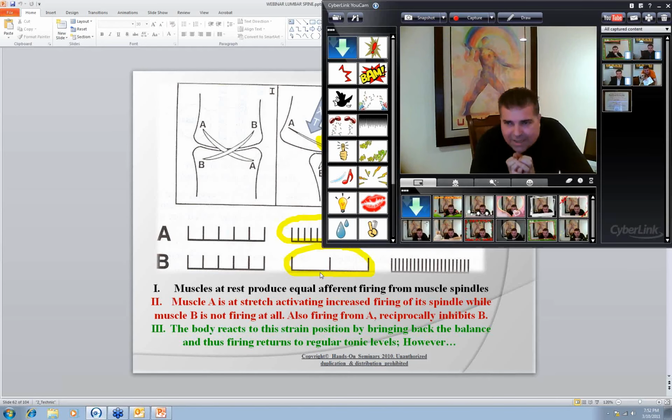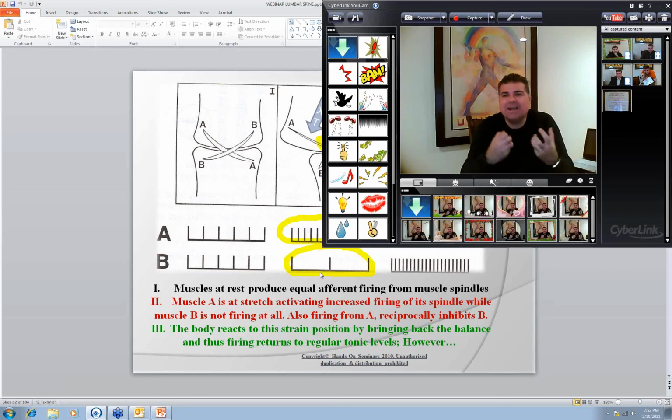When I have this relaxation of the flexor muscles, their threshold of sensitivity decreases. Those muscle spindles become much more sensitive then. If their threshold of excitation becomes so much lower because they are in this relaxed position, this means that they can become excited and start firing very early on.